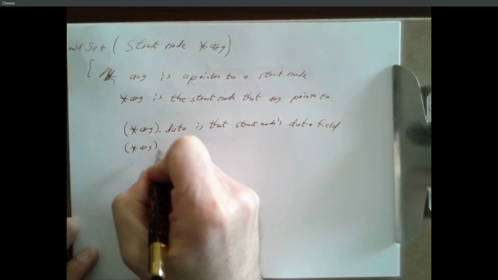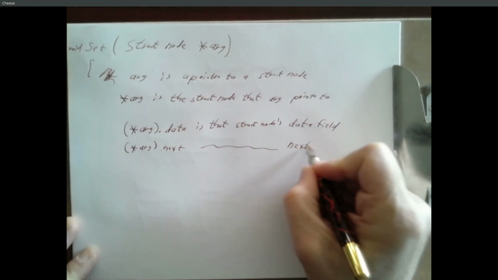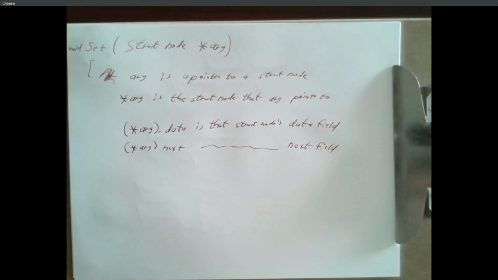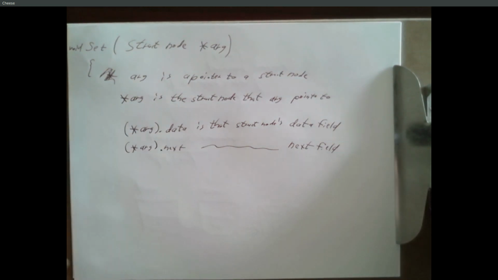And star arg dot next is that struct node's next field. I'm going to say yes, and it's not going to matter in a little bit. But I'm definitely going to leave them in for now.